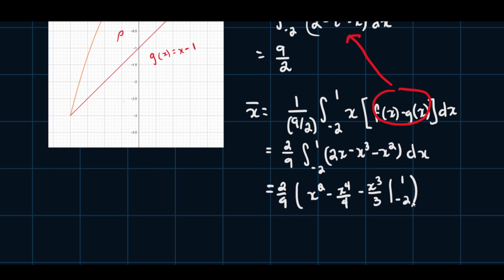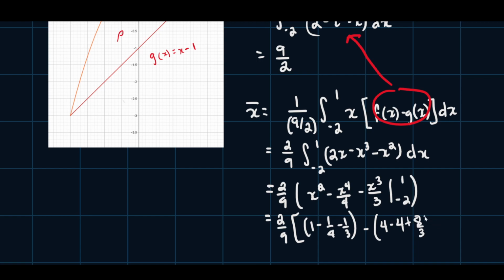If we evaluate this from -2 to 1, ang makukuha natin would be 2 over 9 times 1 minus 1/4 minus 1/3 minus 4 minus 16 over 4 minus 8 over 3 minus -8 over 3.